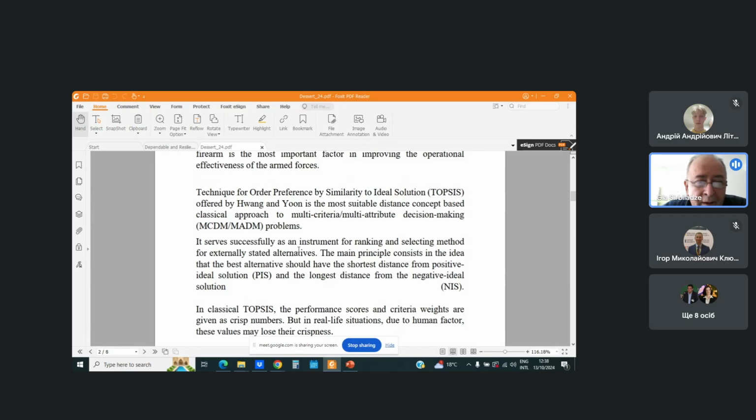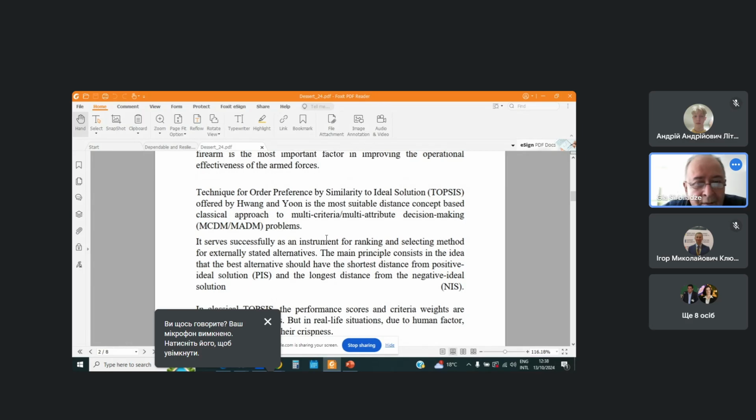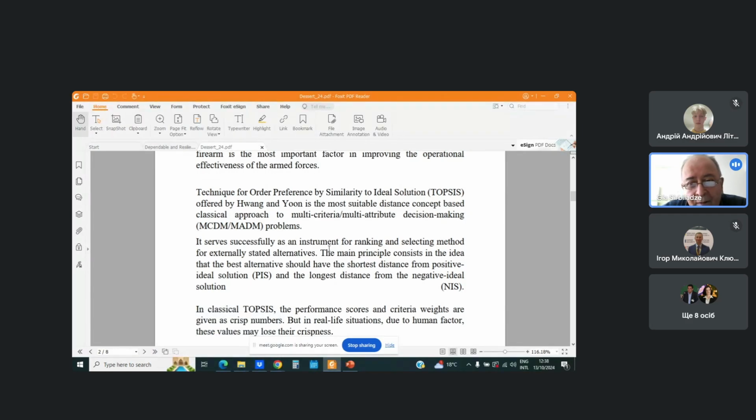So here we have two solutions, ideal solutions, positive and negative. So the right alternative is that which is closer to the positive ideal solution and farthest from the negative ideal solution.